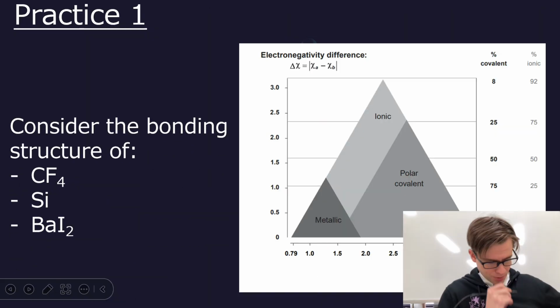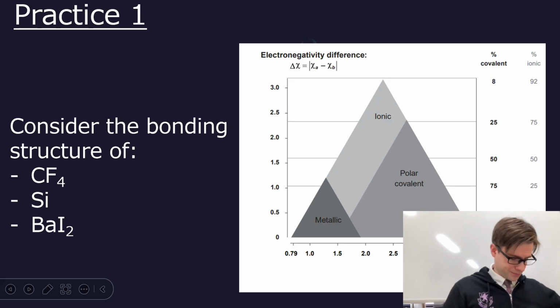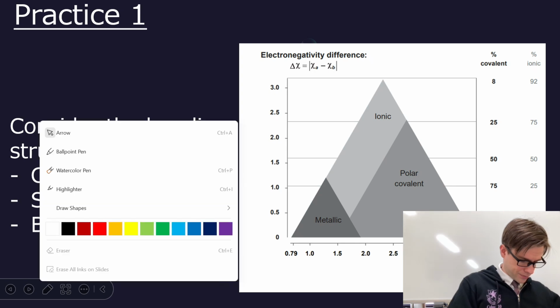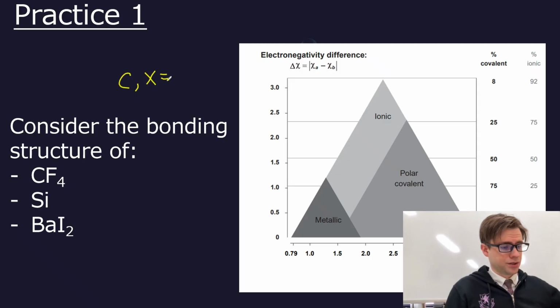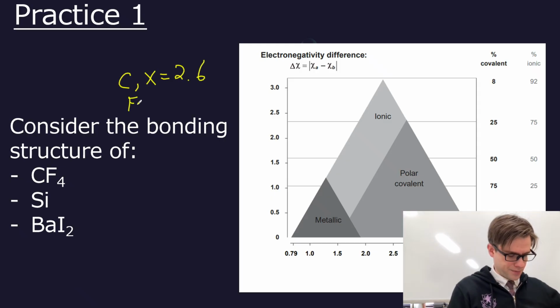Practice 1. Consider the bonding structure of CF4, carbon tetrafluoride. Okay, so C, its electronegativity, if you check in your data book, is equal to 2.6. F is the highest one.